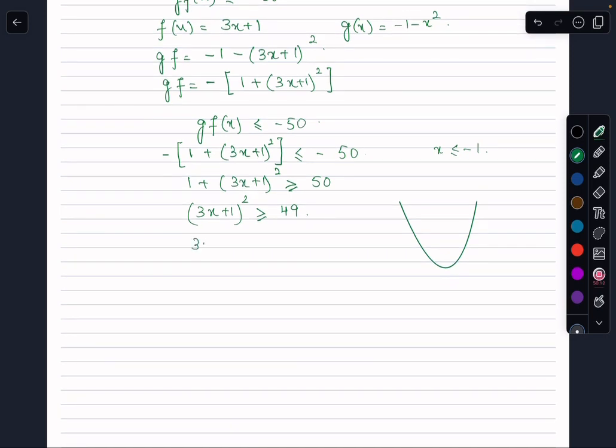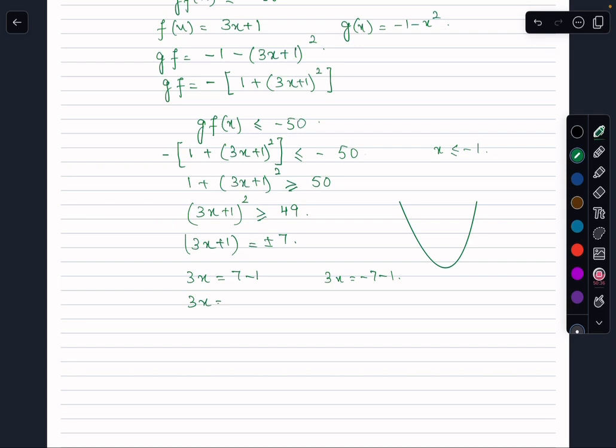This was (3x plus 1) the whole square, so let's take the square root on both sides. Then 3x plus 1 shall be equal to plus or minus 7. So 3x equals 7 minus 1, and also 3x equals minus 7 minus 1.